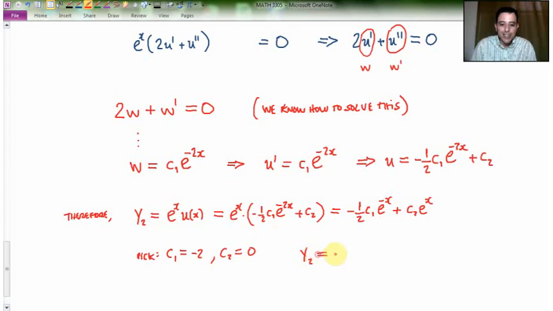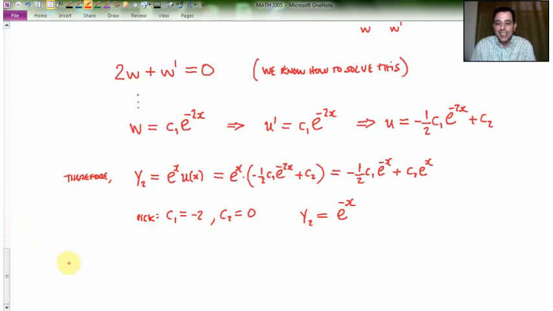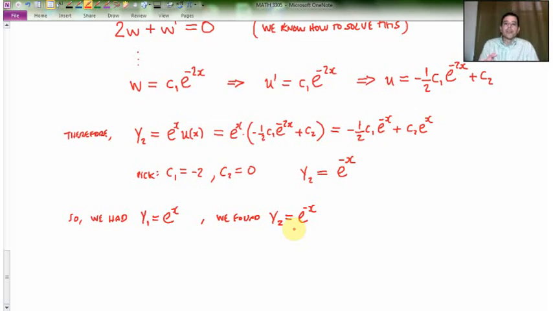So I can consider y2 to be e^(-x). We had y1 equal to e^x, and we found another solution, e^(-x). Good, we found another solution.